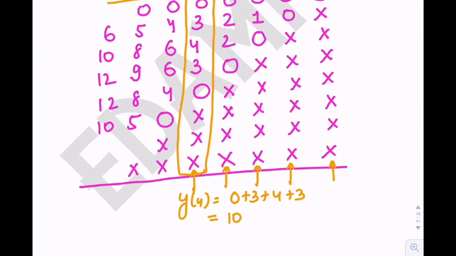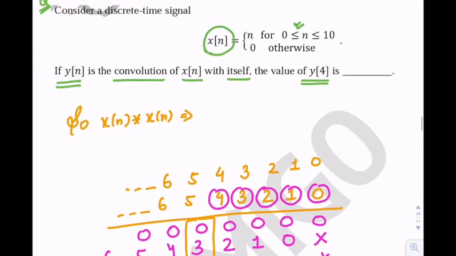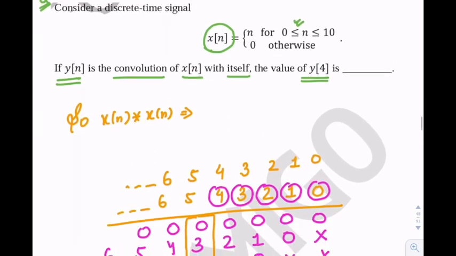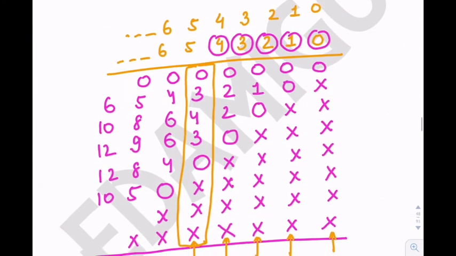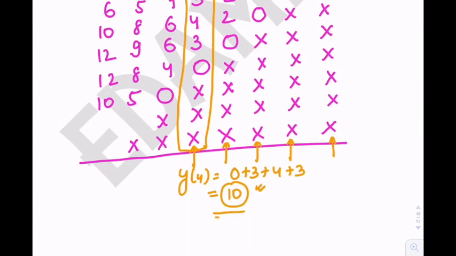So this is the correct answer. y4 is equal to 10. So we have solved this question also. So 10 is the answer to the question.